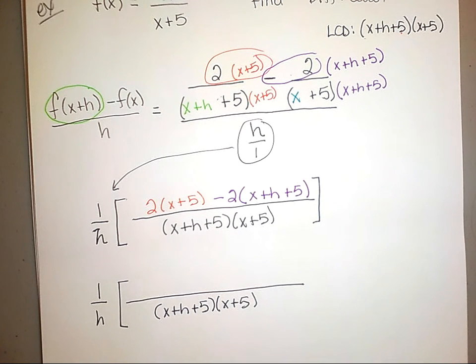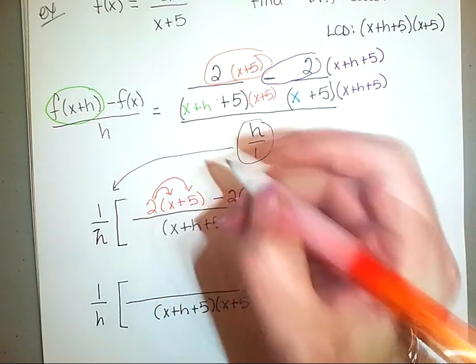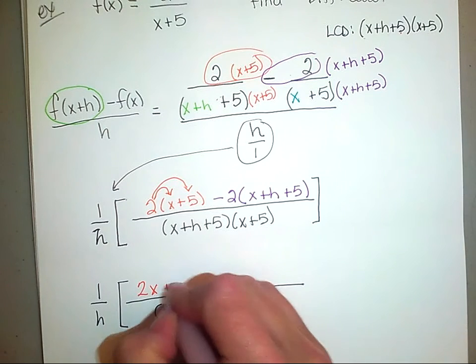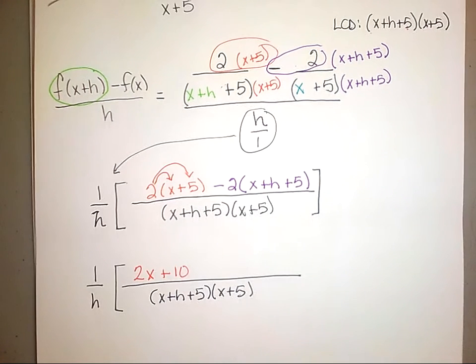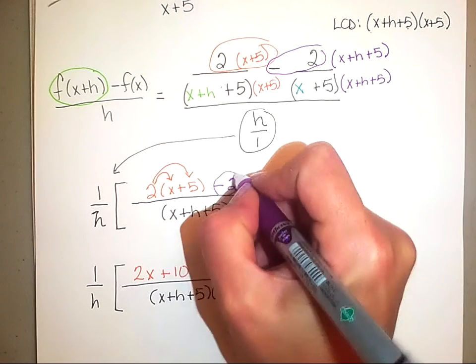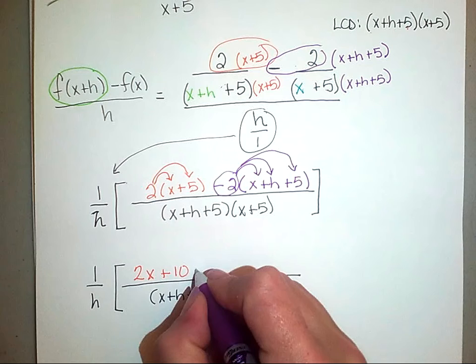So that's just the first numerator minus the second numerator. Now let's simplify. 1 over h will stay the same, and the denominator will stay the same as well. Do not multiply this thing out. We're going to hope for canceling. So don't multiply it out.